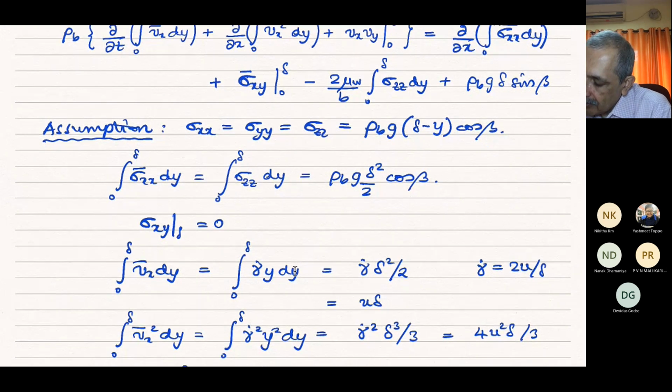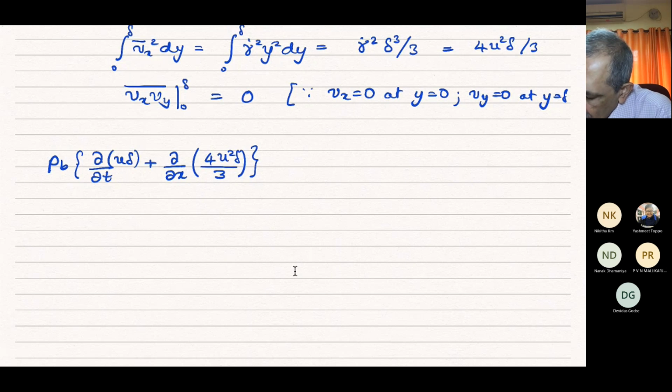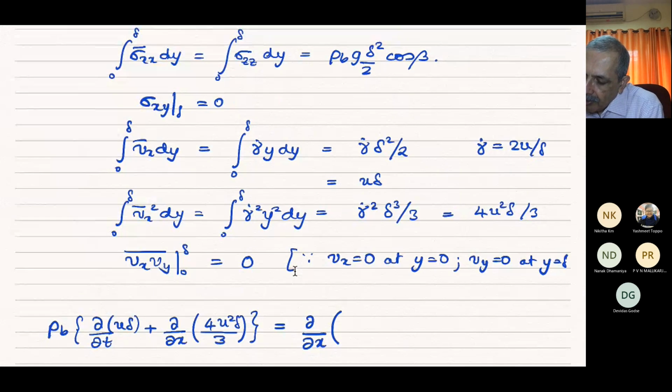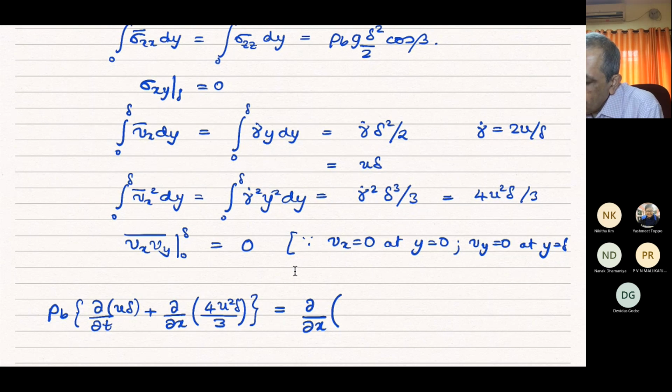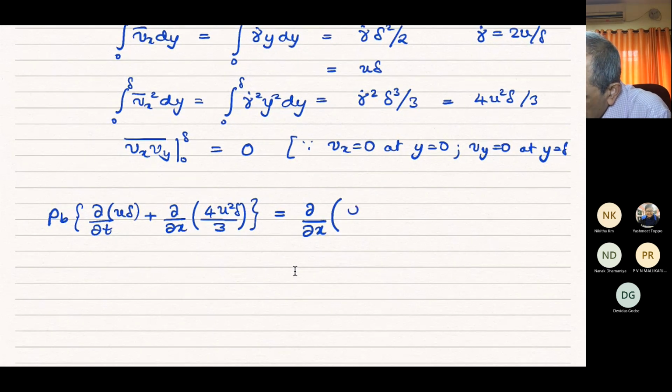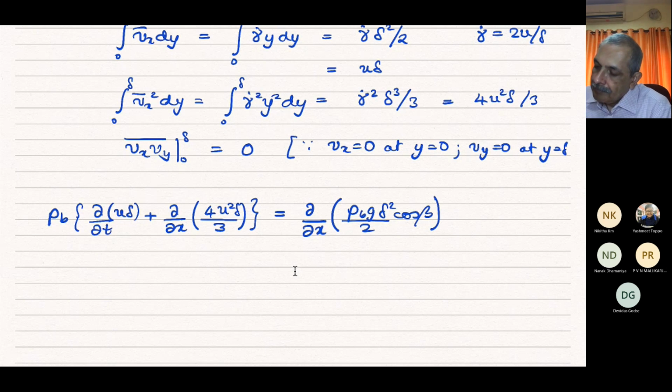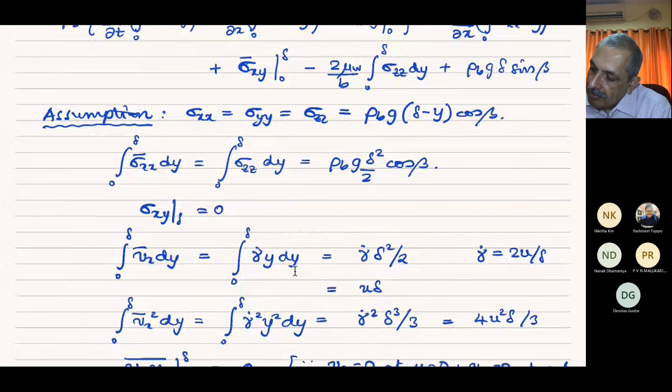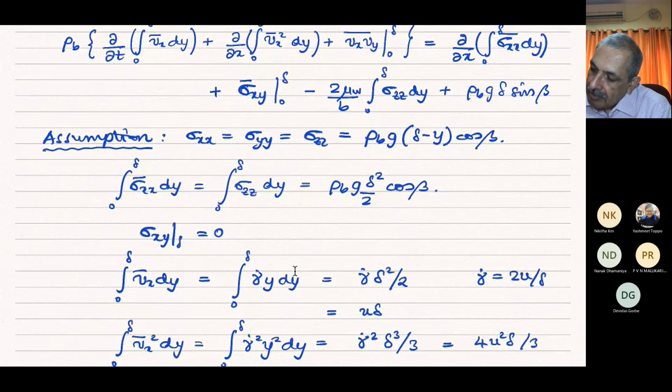Then we have del by del x, and here we substitute for sigma xx, which is just rho b g delta squared by 2 cos of beta. And then the next term is the shear stress.